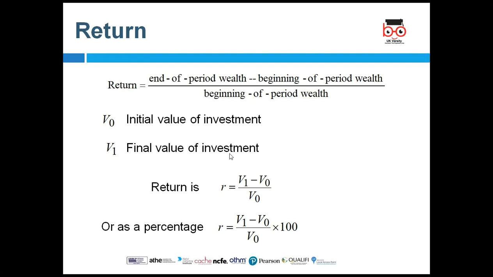Like last year's sales and this year's sales: if you take the difference between the two and divide it by the base year, times 100, you can find how many percent increase or decrease. Does it make sense? Yes. As long as we know the values, that's why we need to record them.